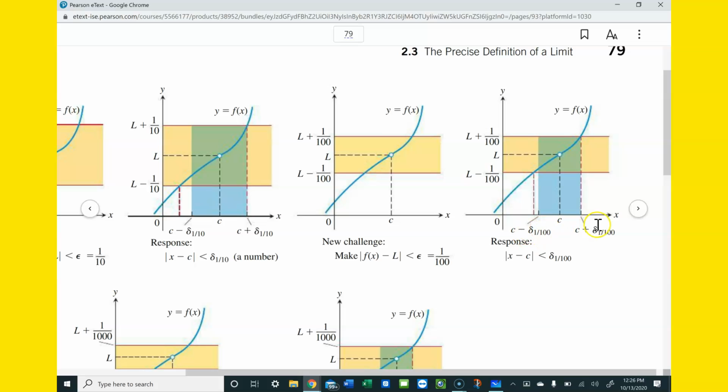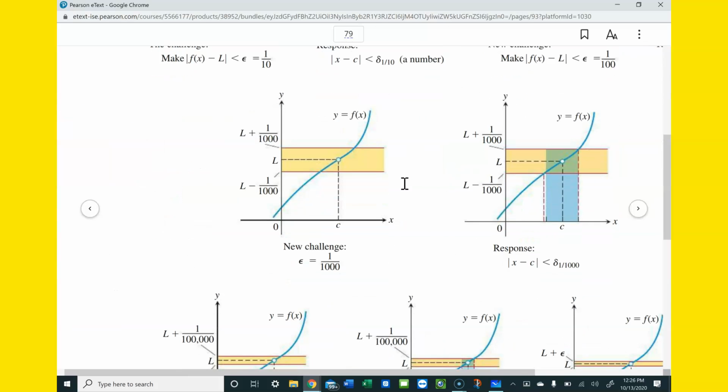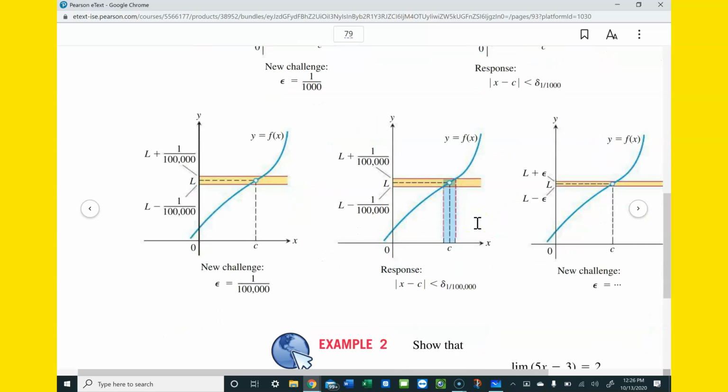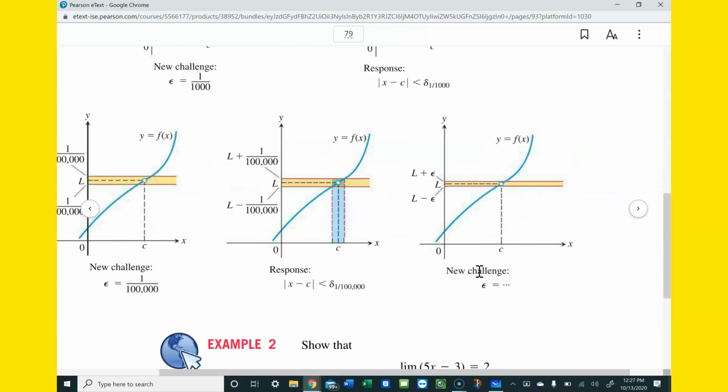And he finds these delta values that get him to within 1/100th. And the skeptic says, what about 1,000th? And he finds those. What about 100,000th? And he finds those. Look, we're narrowing it down. And so the skeptic thinks of a new challenge. And he constantly can do that.